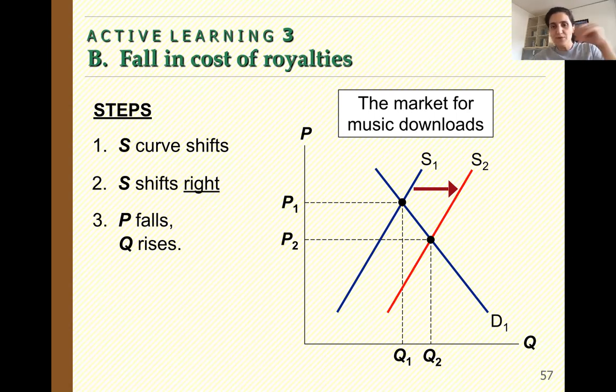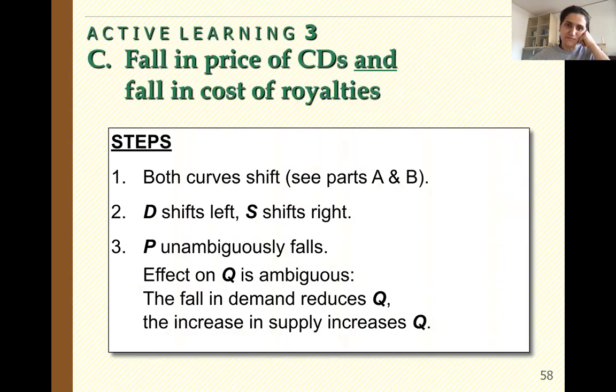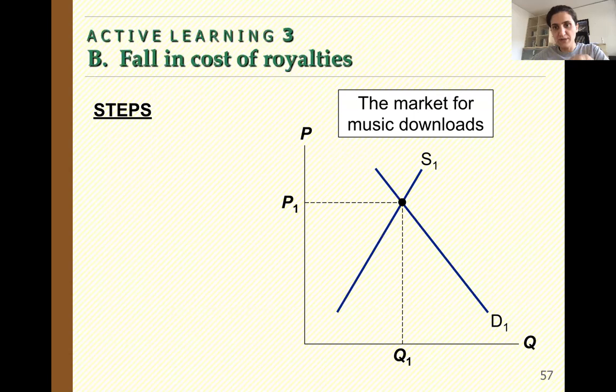Now what happens if both A and B happen? The demand shifts left, and supply shifts right. P falls for sure.